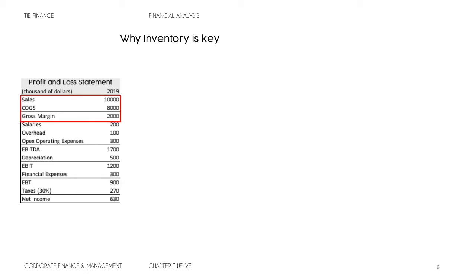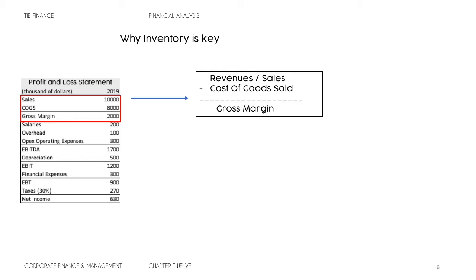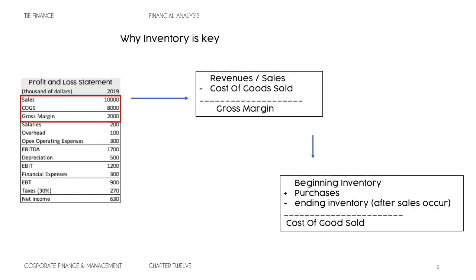So why is inventory key in cost of goods sold? Here we have again our first three top lines. Let's make it a little bit bigger for you to just figure it out and break down things as we go. So cost of goods sold, you obtain by calculating three different things, which is your beginning inventory. Then you have the purchases.